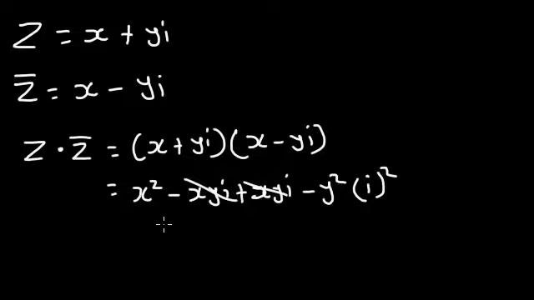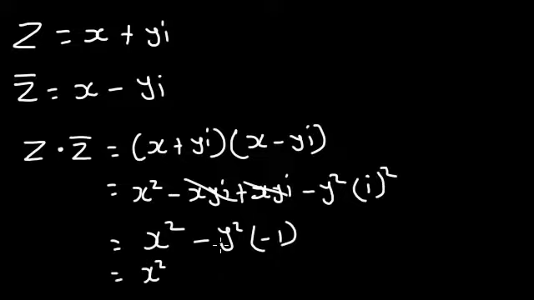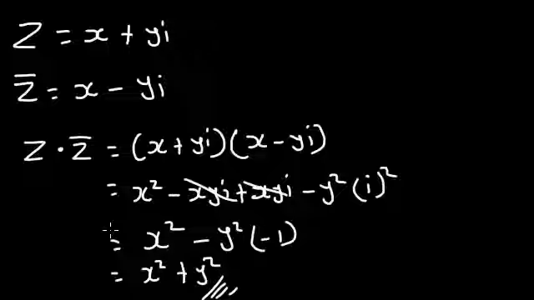Now these are unlike terms, they cancel themselves. We now have x squared minus y squared times i squared, and i squared is negative 1. Then x squared minus y squared times negative 1 gives us x squared plus y squared. As you can clearly see, there are no more imaginary terms, and x and y are just ordinary values, so when you square them individually and add them together, we just have an ordinary value, which is a real number.